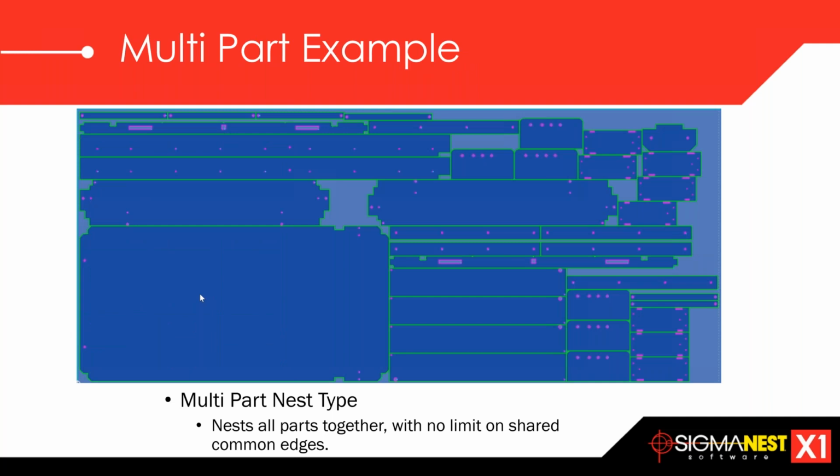The multiple part option then will take small parts and large parts, for all the parts that are selected as common line cut, and try to attach them so that they're all using the shared edge, regardless of whether it's of the same length or not. So you can have a real long part with a smaller part still tagged onto it.